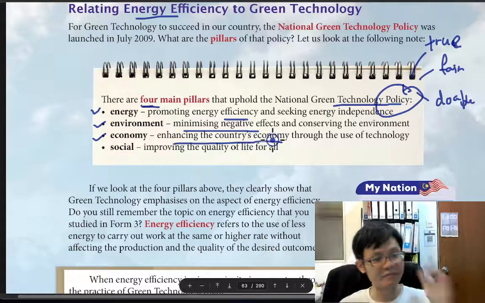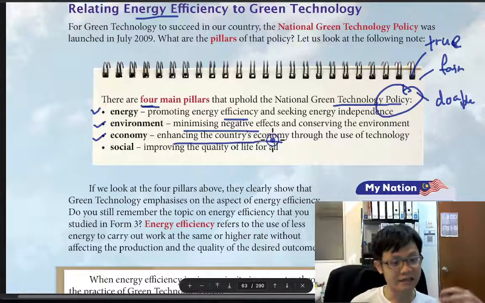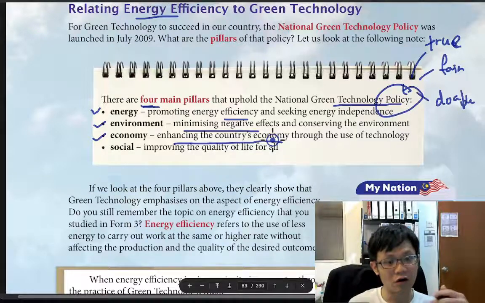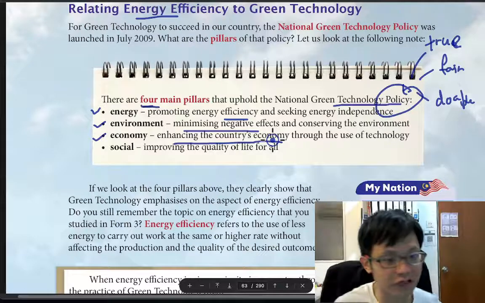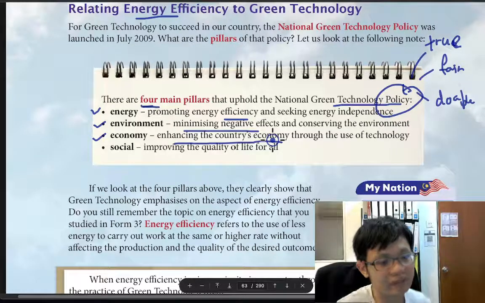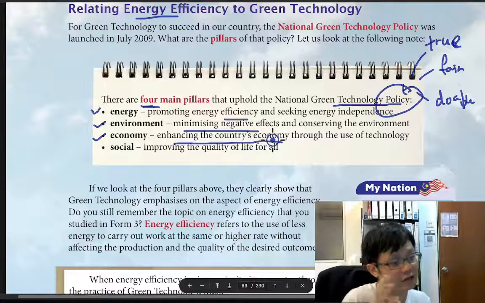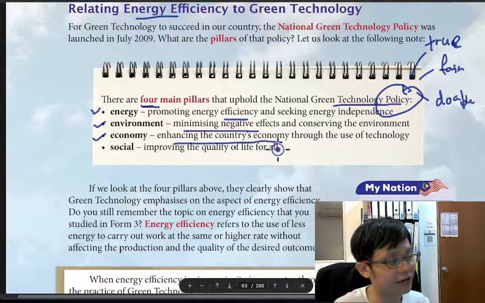The best way maybe is to make your own car instead of importing a Tesla car from America. Maybe Proton or Perodua should make an electric car. Then hopefully we don't need to always buy from other people. So we are increasing the country's economy.